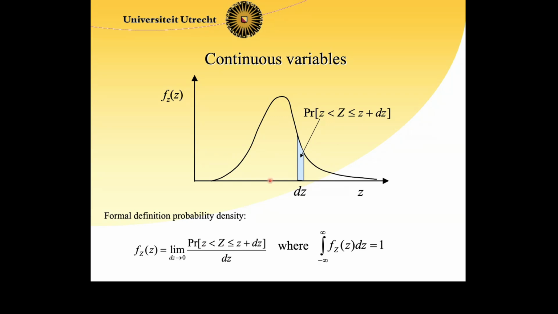That's the integral of the probability density between Z and Z plus dz, divided by that little interval dz, and then we take dz to 0. There is the additional condition that the integral from minus infinity to plus infinity, the total area under the curve, has to be equal to 1. So this is the formal definition of a probability density. You can see it's the probability per unit mass of Z.